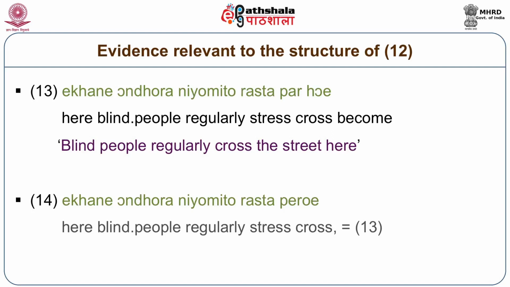You get a single word in 14, ekhane andhora niyomito rasta peroi. Blind people regularly cross the street, as in languages like English, where there are very few or no complex predicates.